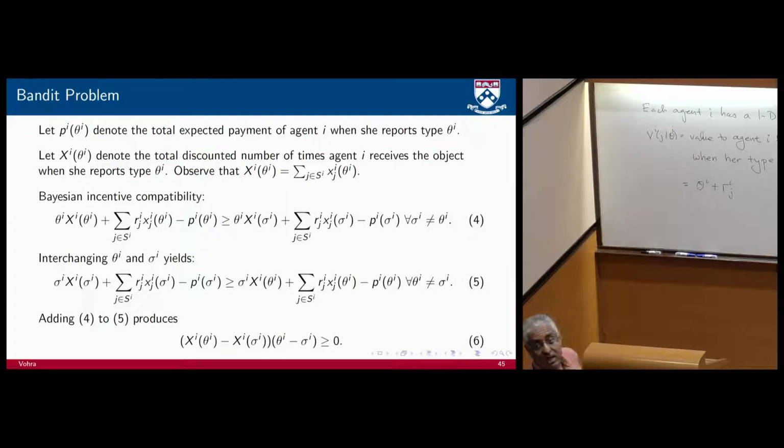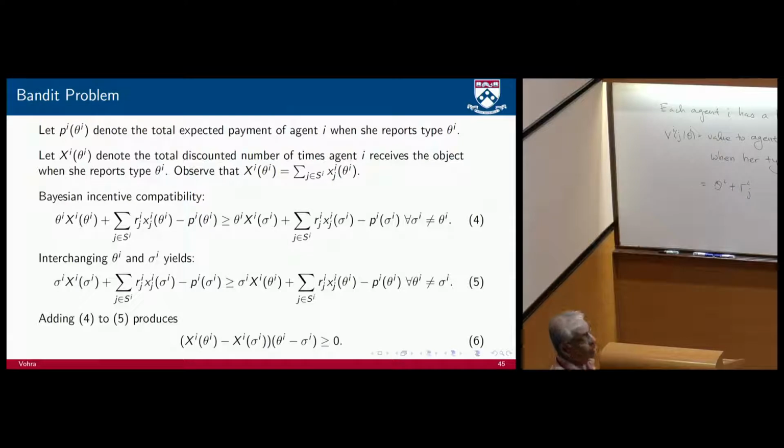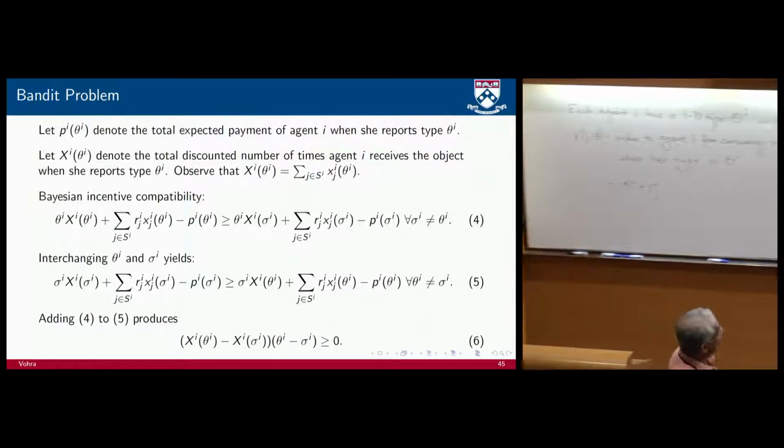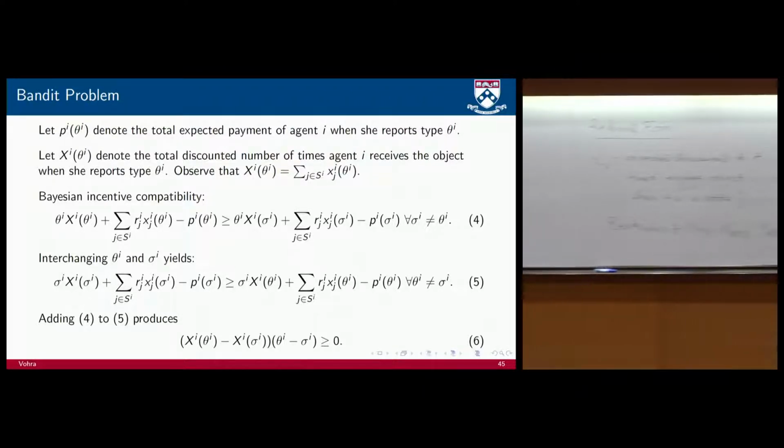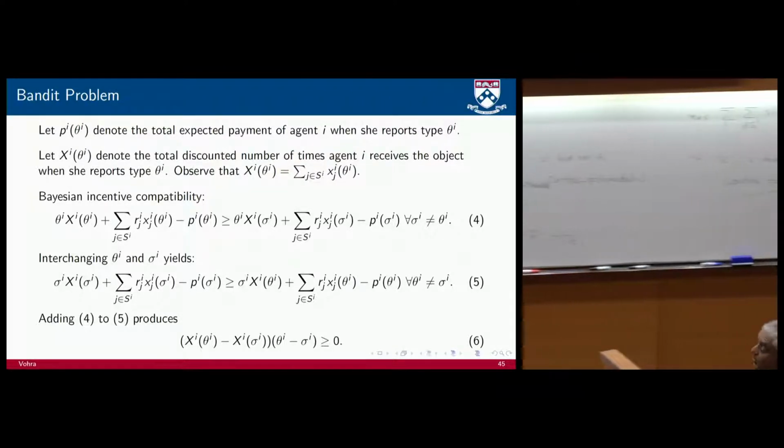So this is sigma I pretending to be theta I. As usual, let's add the two and hope many things cancel, and they do. And after you rearrange things, you get, aha, something familiar, which is that the expected discounted number of times you win the object should be increasing in your private type. Okay, so we're off to a good start here.